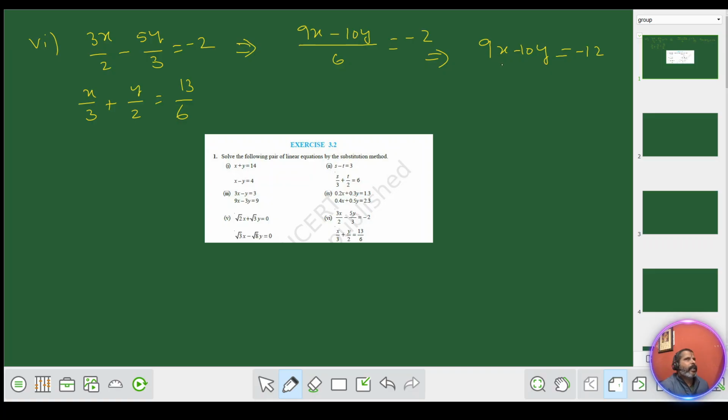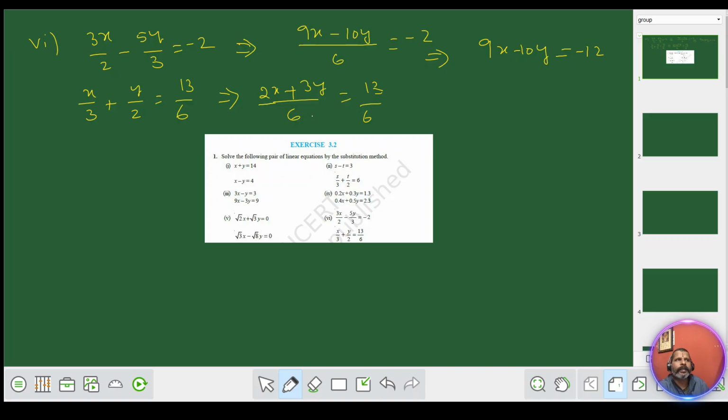Okay. Now, similarly, we'll solve for second equation. What is the LCM here is 6 because they're co-primes 3 and 2. Product will be the LCM. 3 2s are 6, 2 into x is 2x plus 2 3s are 6, 3 into y is 3y equal to 13 by 6.